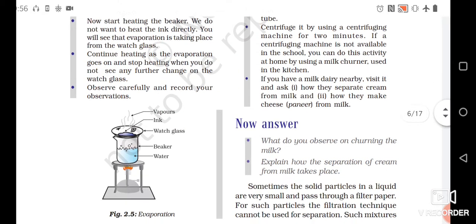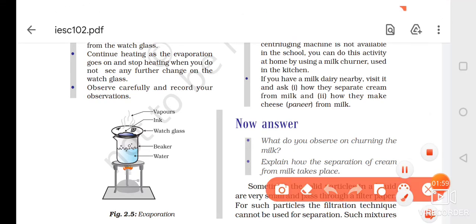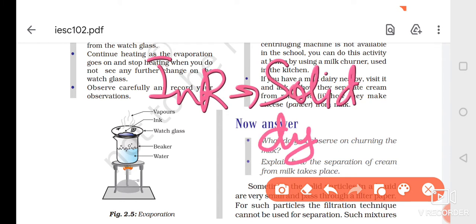So you can see here we have taken the example of ink. We are separating the ink; we have a mixture of ink. So what is ink? Ink is a mixture of solid dye and the solvent here is water.